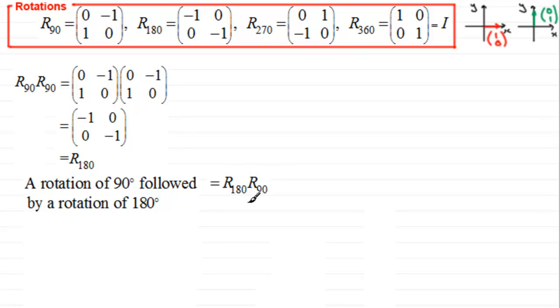So again, you might like to check out the matrix multiplication for this. What we've got then is those two matrices, the matrix then for 180 degrees and the matrix for a rotation of 90 degrees. So what do you get if you multiply those out? Well, again, you might want to pause the video just for a moment, check it out.